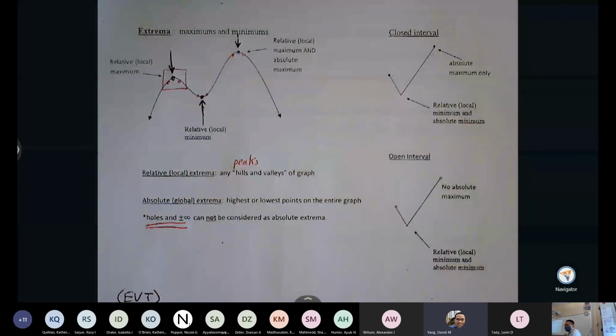Normally we would say that's a relative max, but there's a hole there, so no relative extrema at holes or asymptotes.